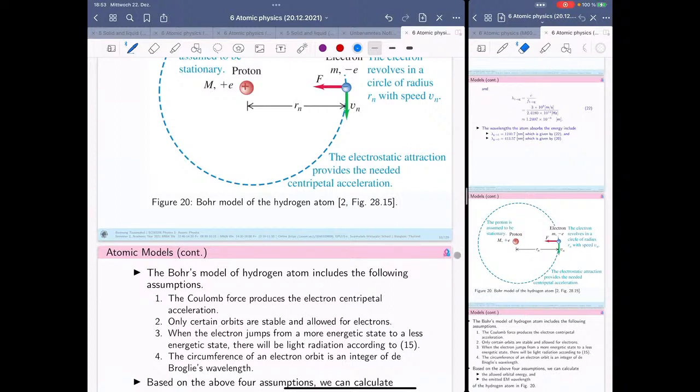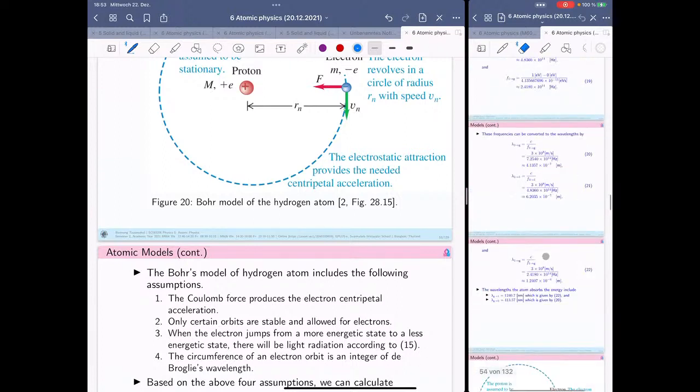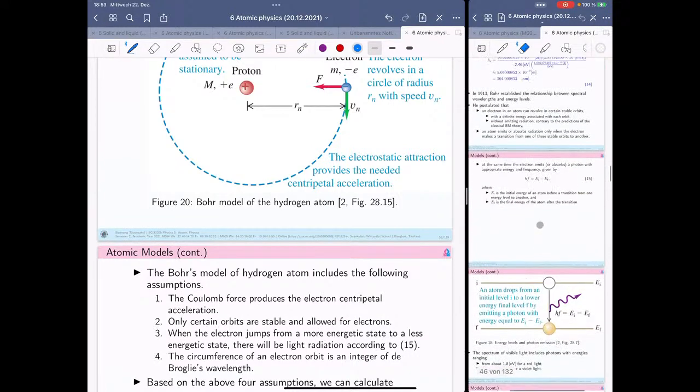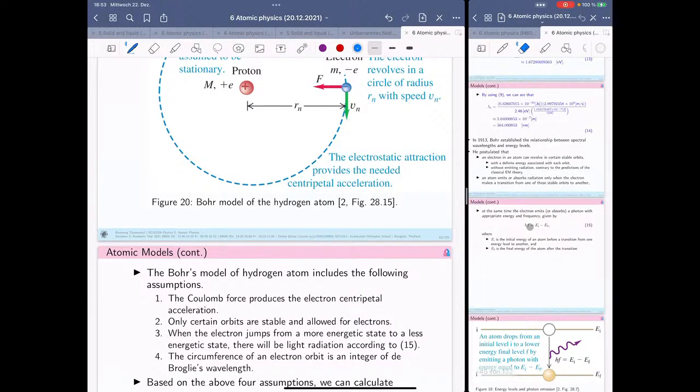So the electron could move only in certain orbits, and those orbits are stable. Third, when an electron jumps from a more energetic state to a less energetic state, there will be light radiation according to equation 15, the equation we have just used for the previous example: h f equals E_i minus E_f.